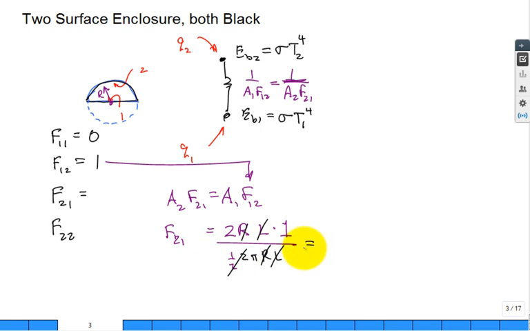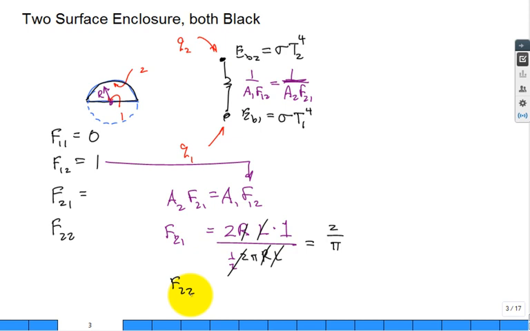And so the view factor is going to be 2 over pi. Do you agree? Or not? It's okay. Thumbs up if you agree. Very good. All right. And then how about the view factor 2 to 2?